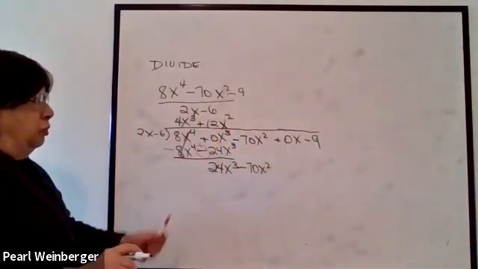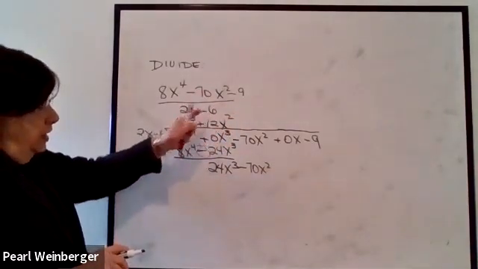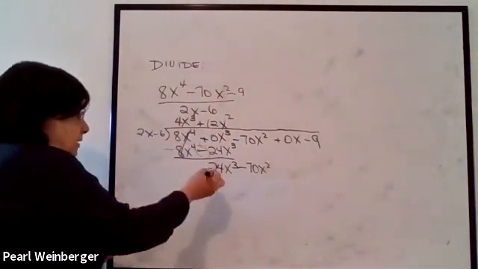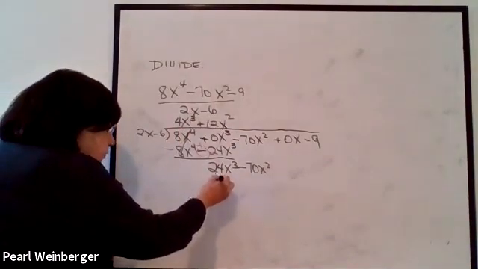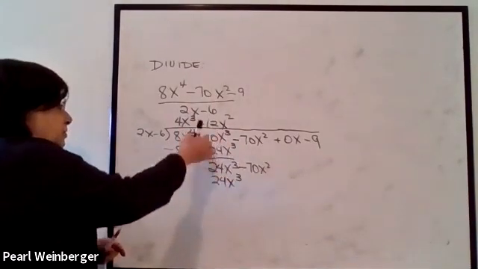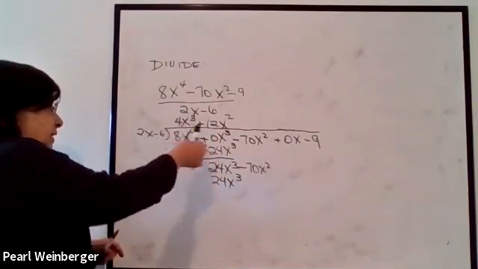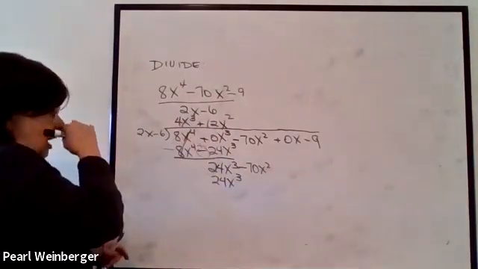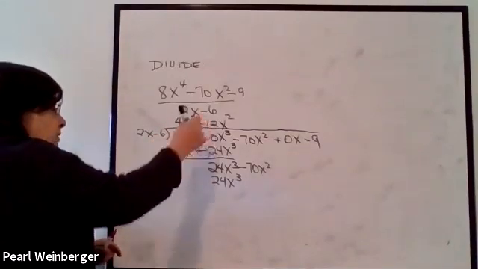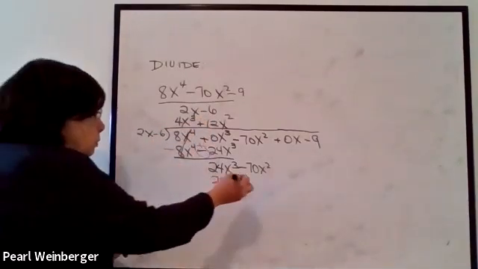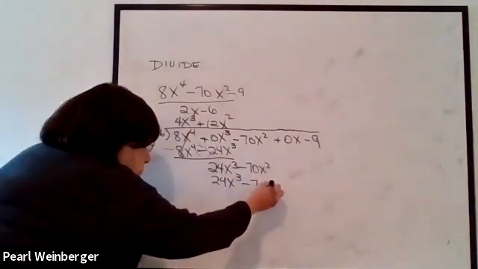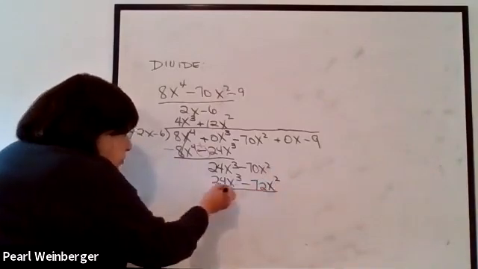I take that 12x squared that I just put on top and multiply by it. 12x squared times 2x is 24x to the 3rd. The first term always should be the same, so it cancels out. Then we have negative 6 times positive 12x squared, which gives me negative 72x squared.